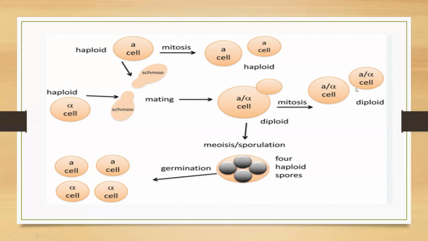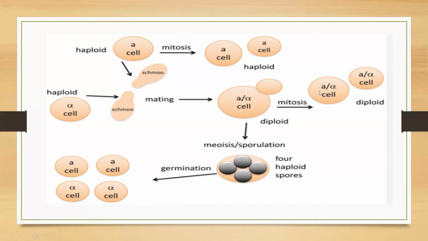Next, form into two cells. This is the A alpha cell. This is another A alpha cell. So how many cells are there? Two cells. This is called diploid. Di means two. Diploid means two cells formation. It will be done. Next, this is the diploid, but both are conjugated with the cell.